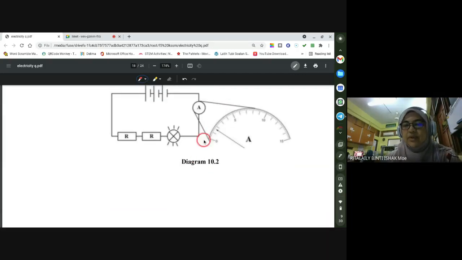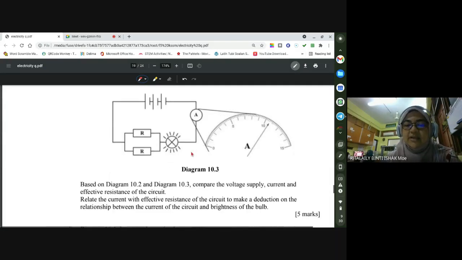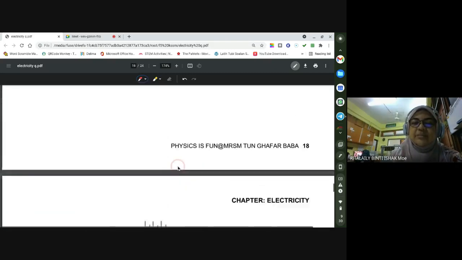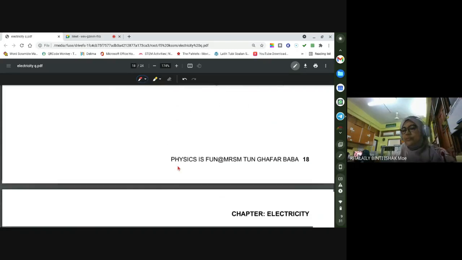Okay, so we can refer to the diagram itself. And the third one is the effective resistance. Okay, the effective resistance of 10.3 is less than 10.2. So why do you say that 10.3 is less than 10.2?